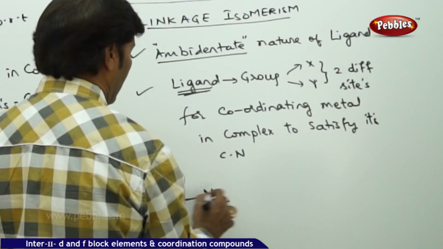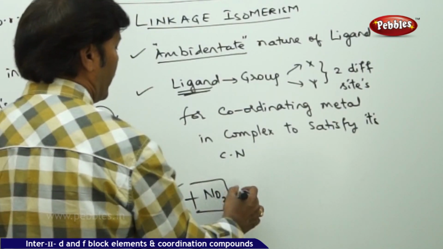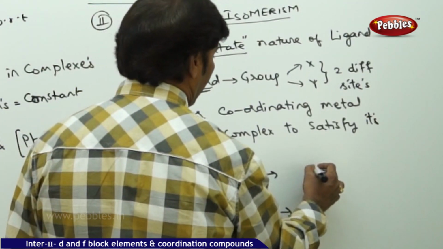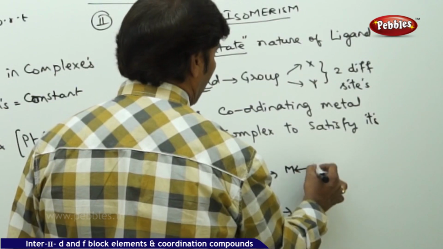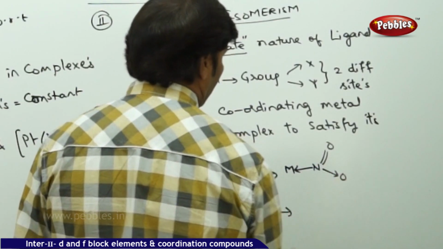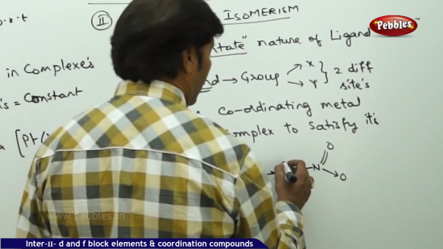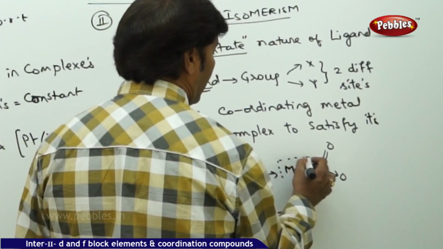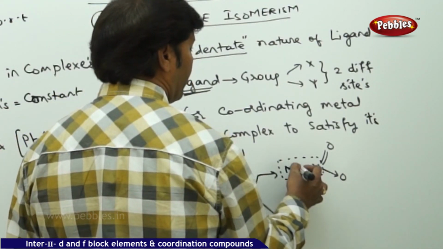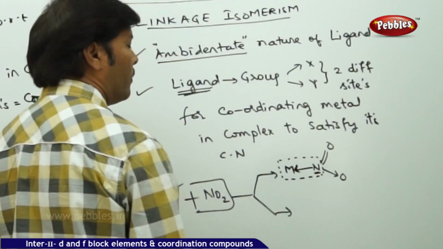So for example, if you are taking NO2, I have already explained this. NO2 has two different sites. In one case, the metal forms a coordinate covalent bond through nitrogen, where the nitrogen donates to the metal.